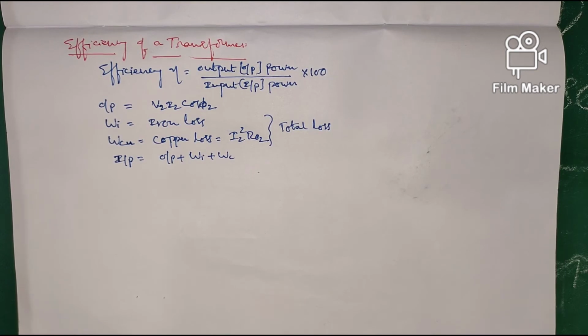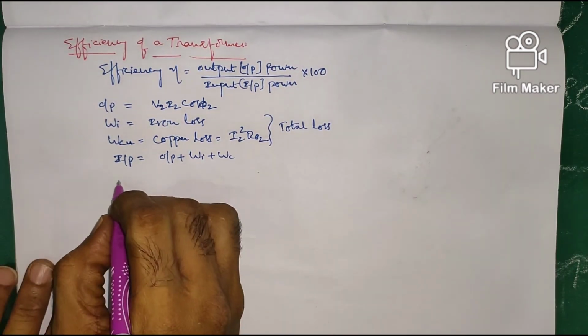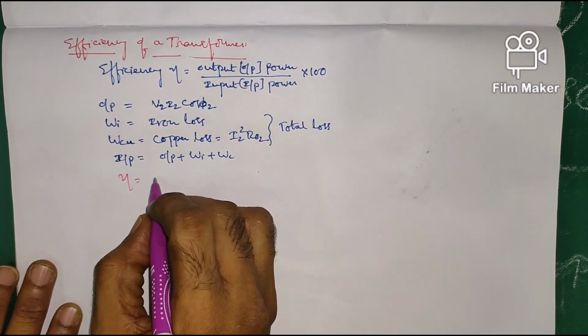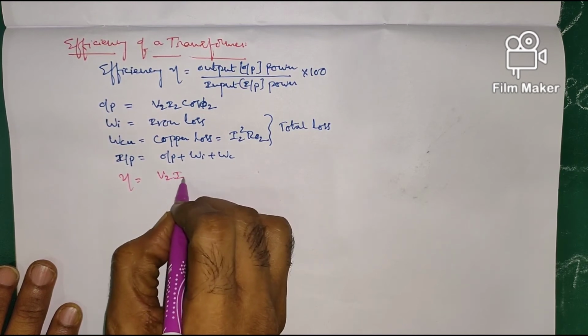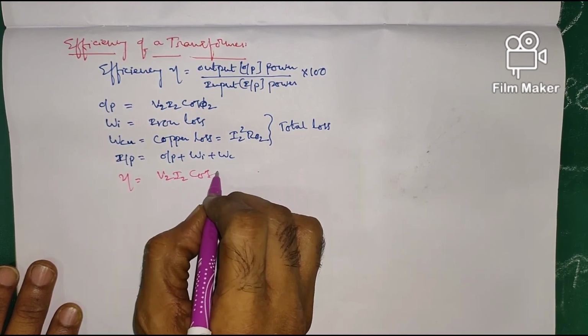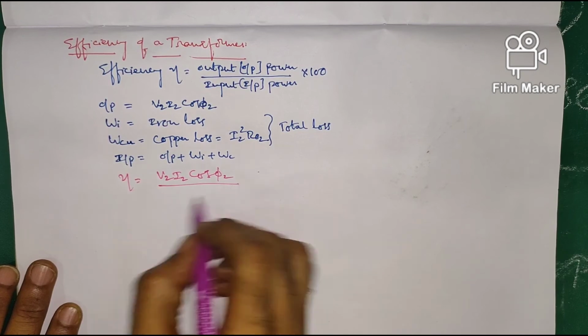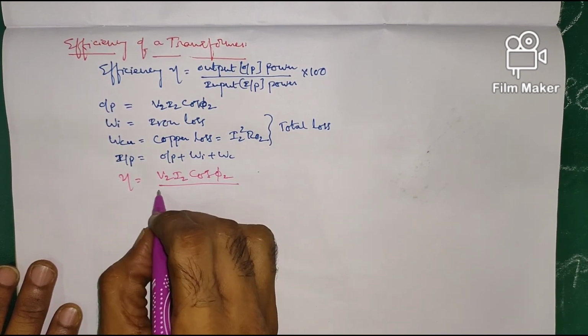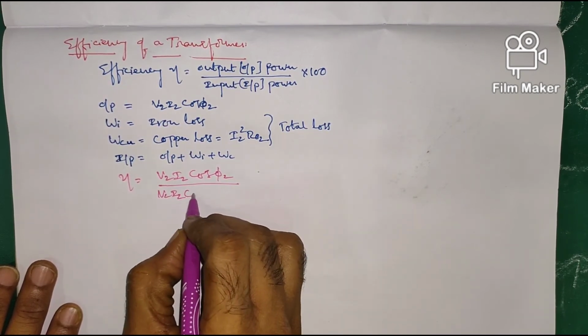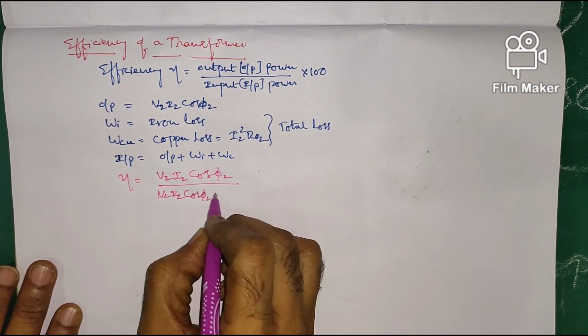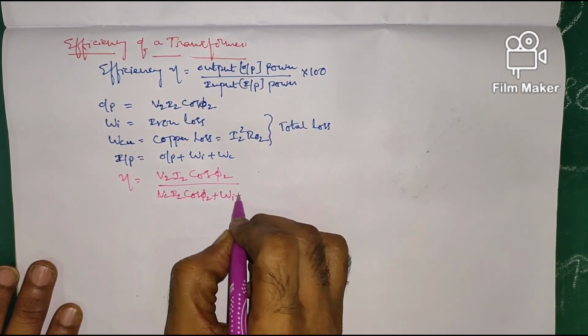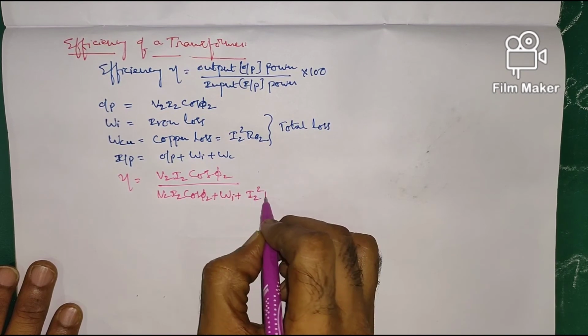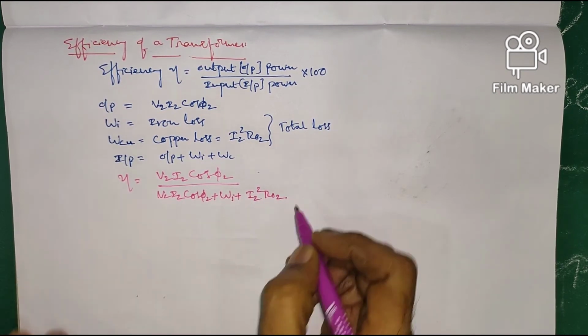We know that the efficiency is given as, so here I am writing down the formula. Efficiency is equal to V2 I2 cos phi 2 divided by output plus losses, that is V2 I2 cos phi 2 plus Wi plus I2 square into R02.